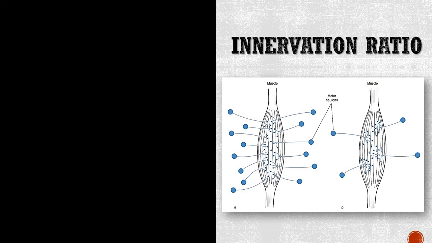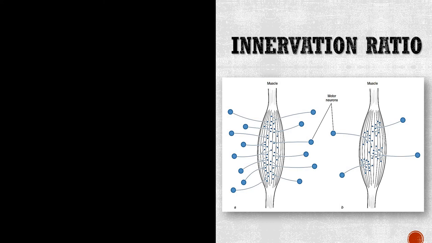So you may wish to pause here and perhaps consider the reasons why that might be, why we have this variation in innervation ratio. Again, for some of you this will be revision.